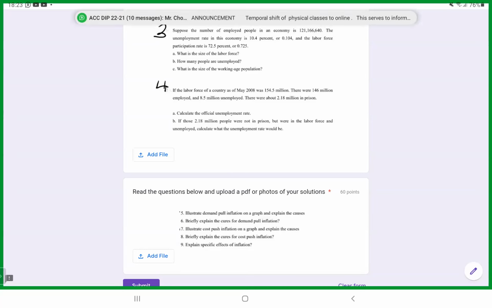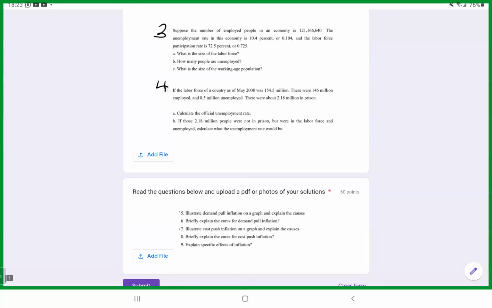We are going to add the 2.18 to the labor force. Any other thing that we are going to do in addition? We need to put them on those who are unemployed.